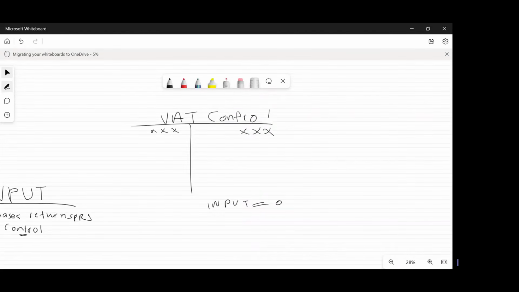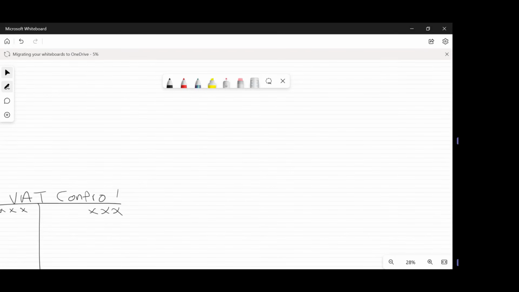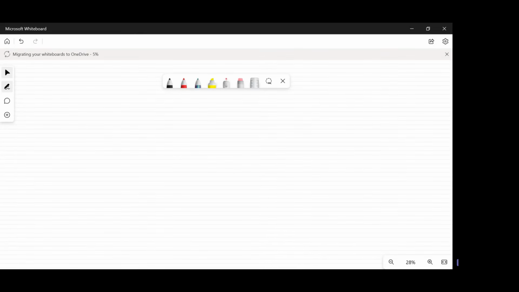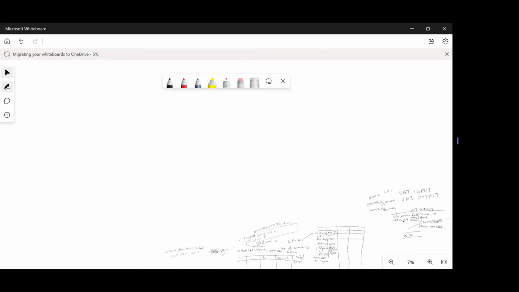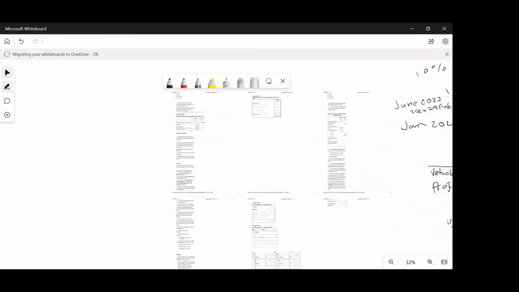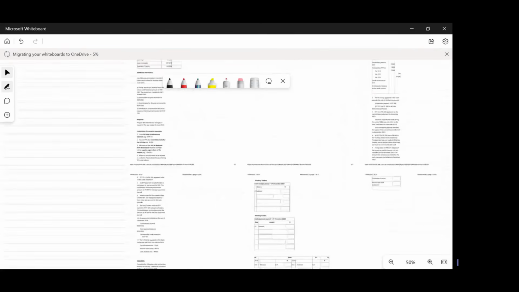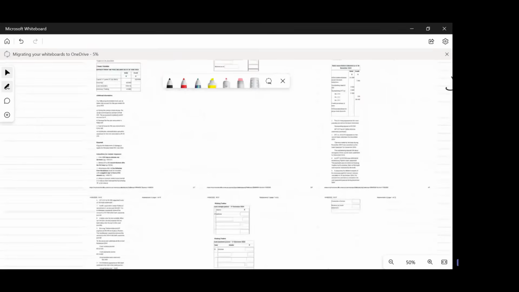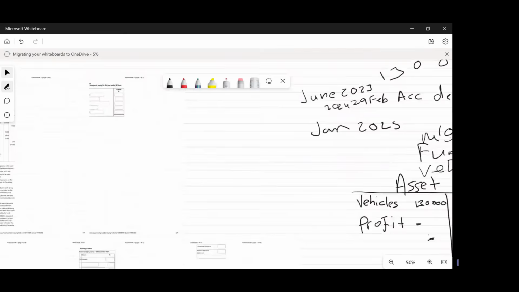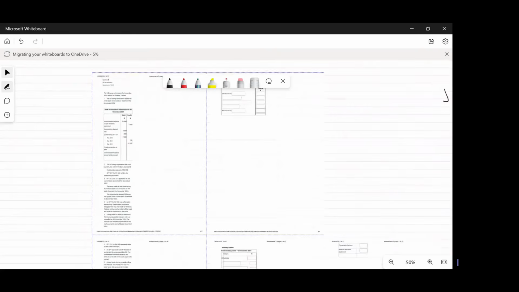Okay, so I think that's what I had put right here. Where is it? Let me just do this. So your bank recon will be something like this, whereby they will give you amounts.